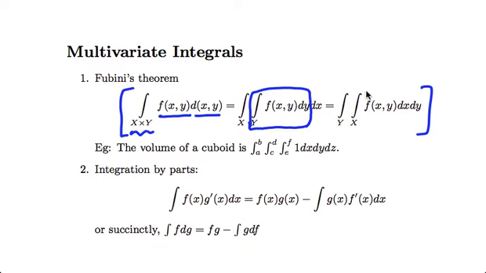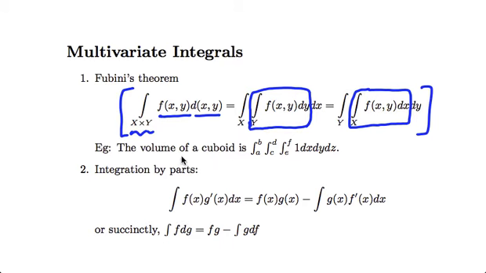I can also do it the other way around, where I evaluate the integral with respect to x first, and that will give me some function of y, and then I integrate that with respect to y. And Fubini's theorem says that all three of these are equal. So you can choose your own order of integration, subject to a condition of integrability, but let's just say for now that you can choose which order you want to integrate in.